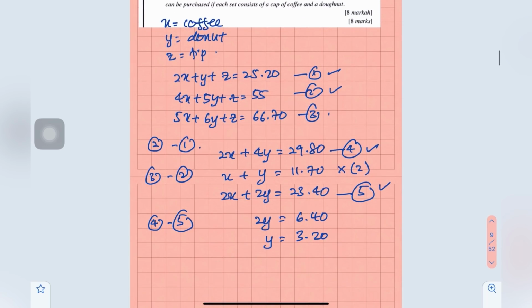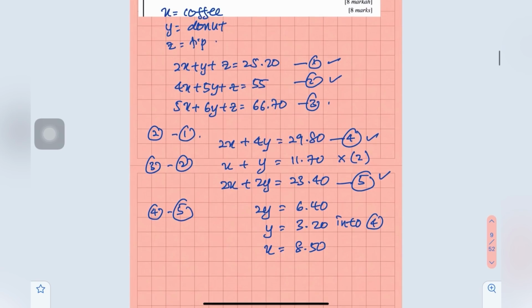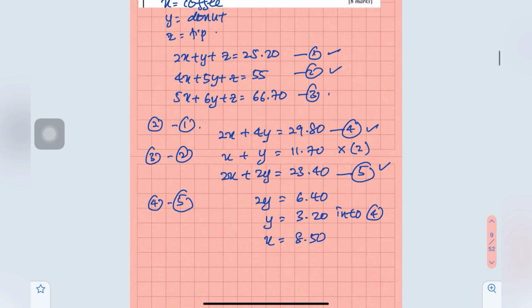Okay, so then substitute into mana-mana sama ada 4 ataupun 5. Tak kisahlah, katakanlah nak masuk into 4 lah. Nanti dapat x sama dengan RM8.50. Okay. So then lepas tu these two values of x and y ni masuklah dalam 1, 2 ataupun 3.